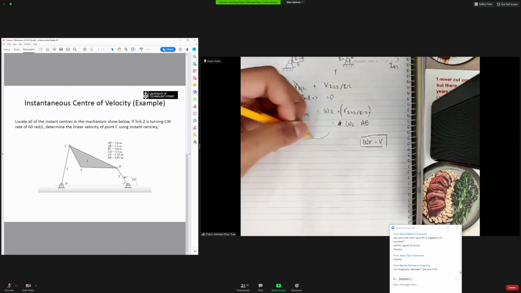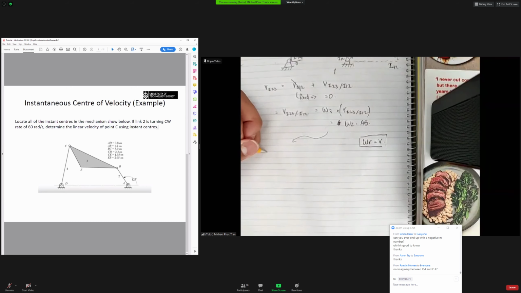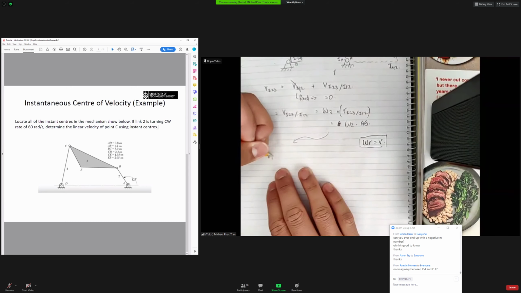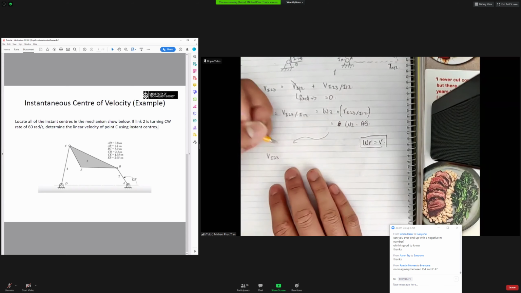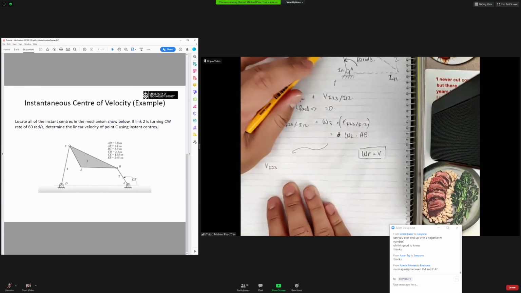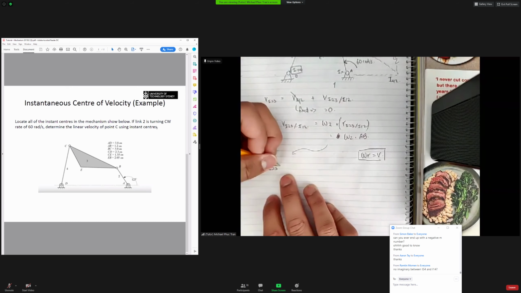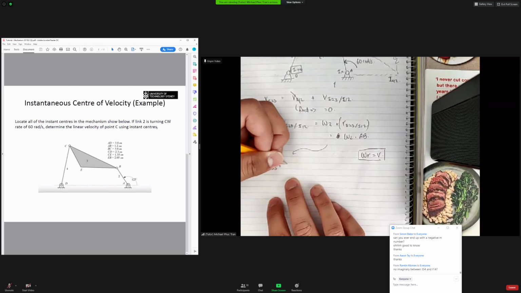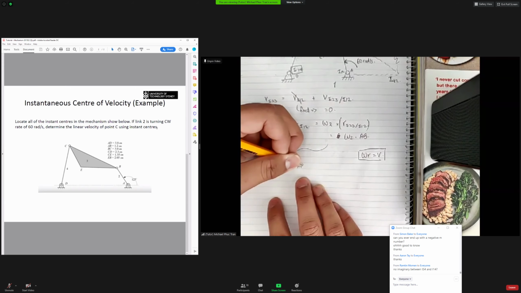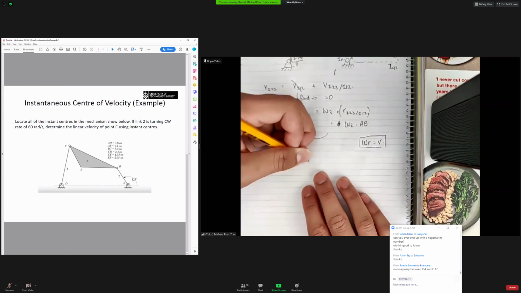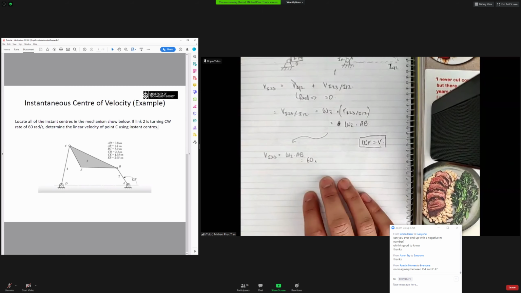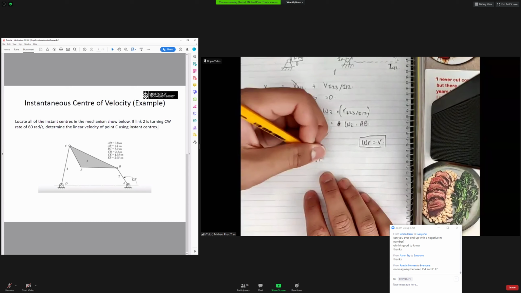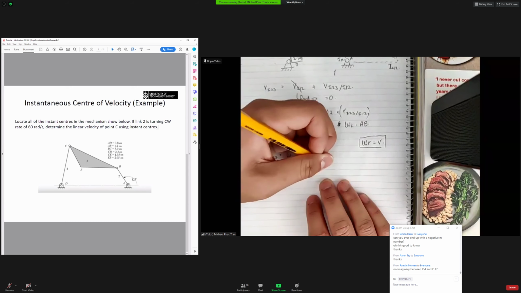So reiterating VI23. The velocity of this instant center is equal to W2AB, 60 times 1.2, equals 72.